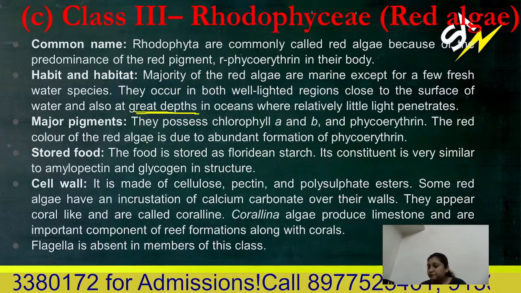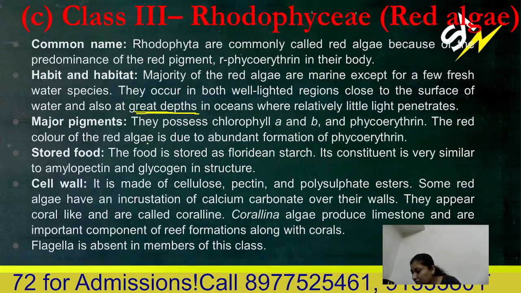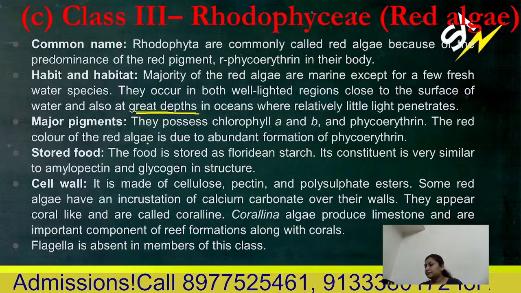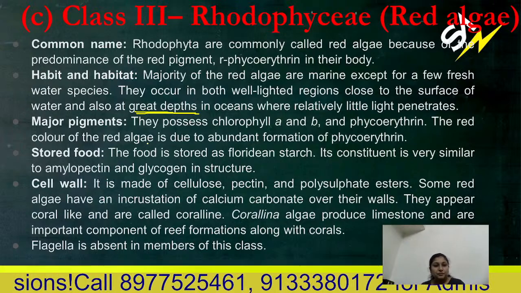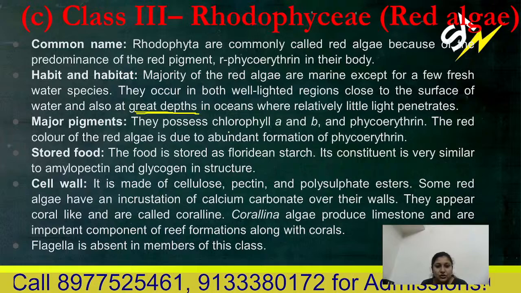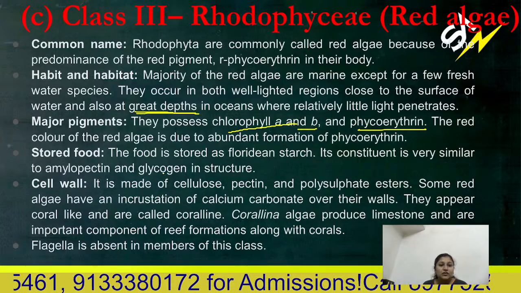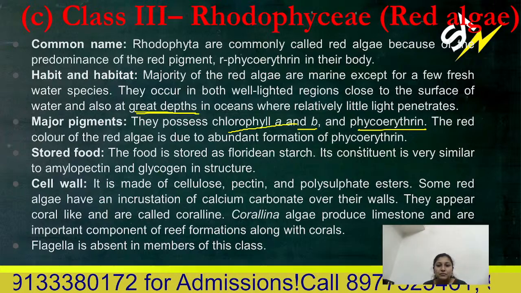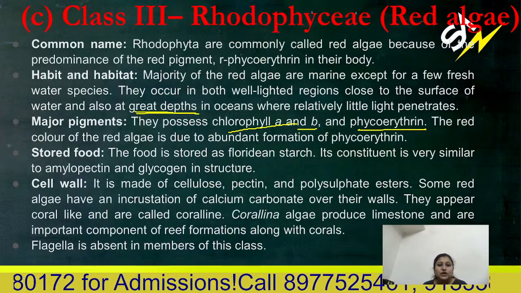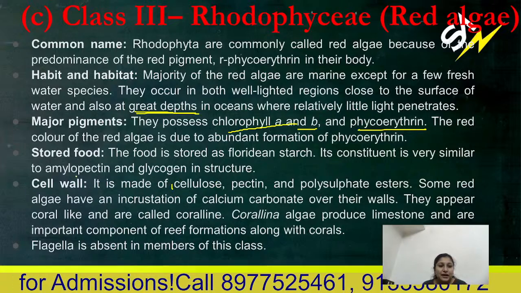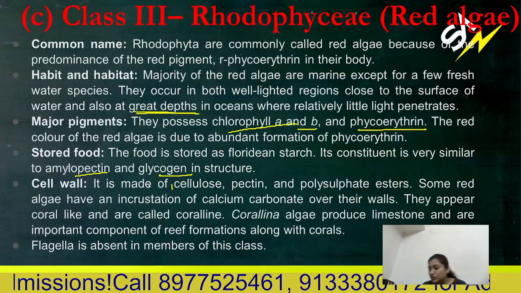Major pigments involved here are chlorophyll a and chlorophyll d and phycoerythrin. The red color of red algae is due to abundant formation of phycoerythrin. Storage food here is floridean starch, similar to amylopectin and glycogen in structure.